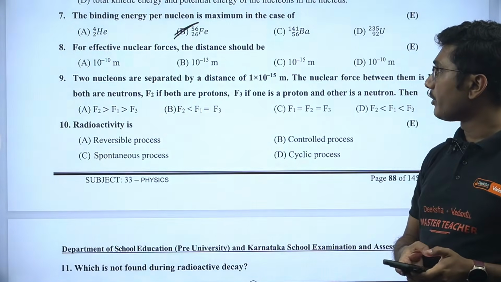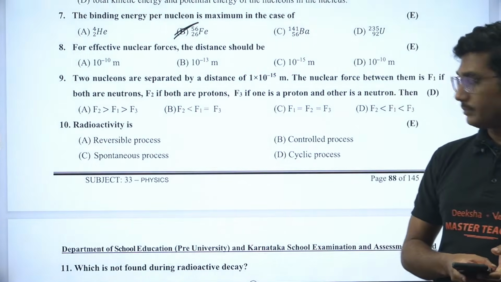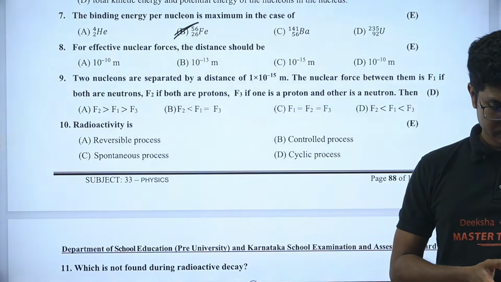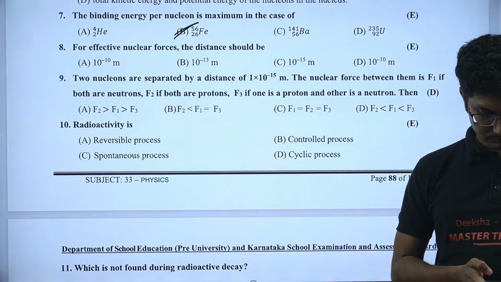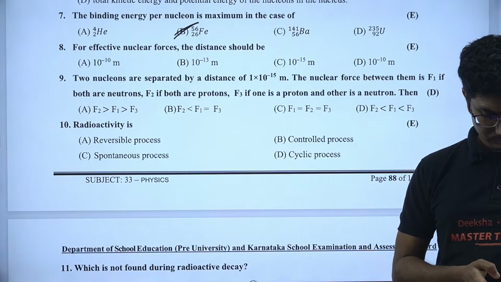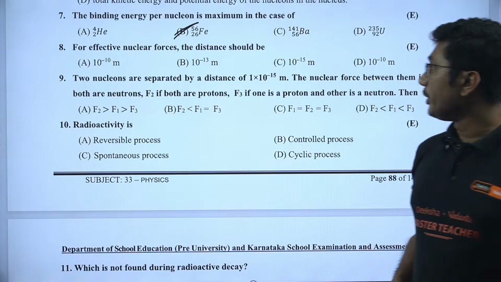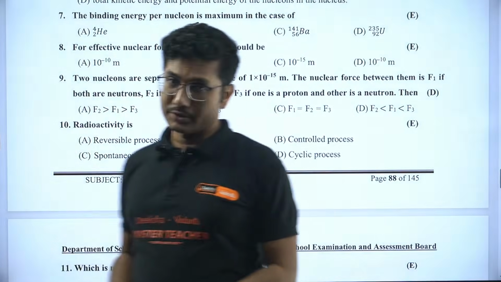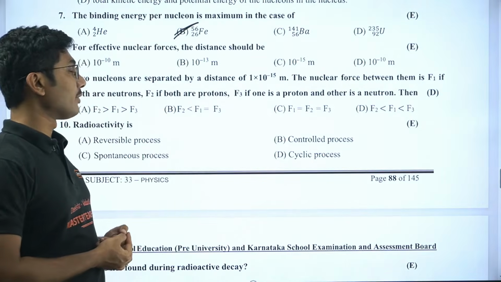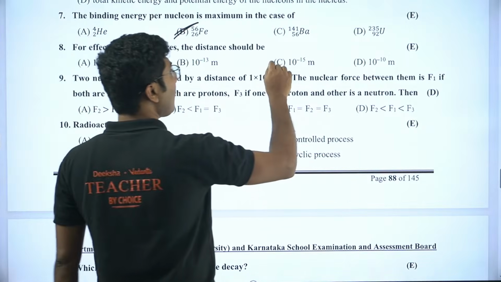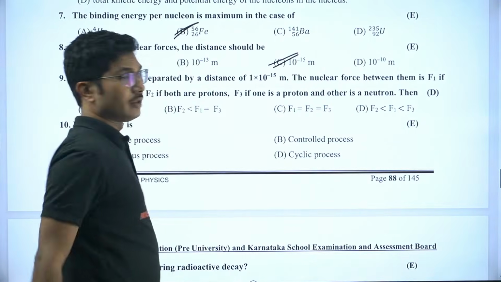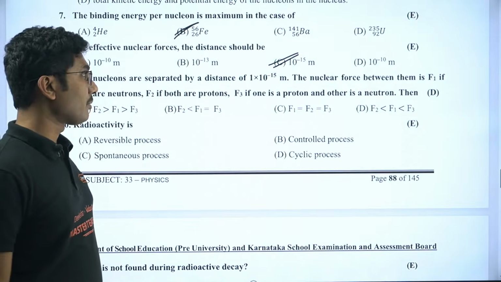Hello, Manish. What about the nuclear forces? Distance should be of the order of fermis. One fermi is 10 to the power of minus 15 meter.